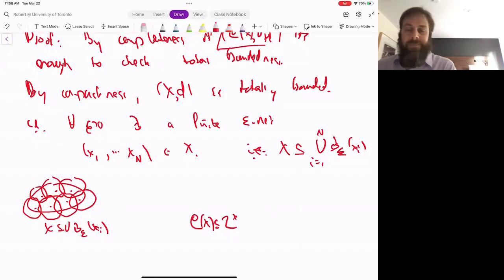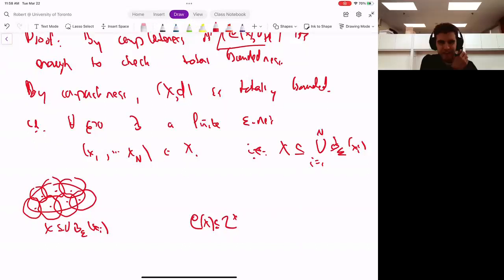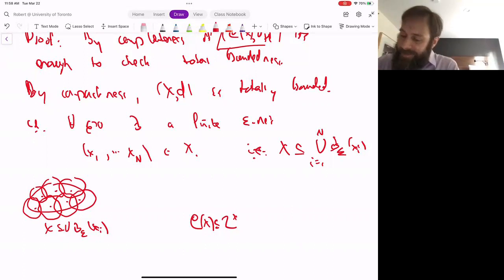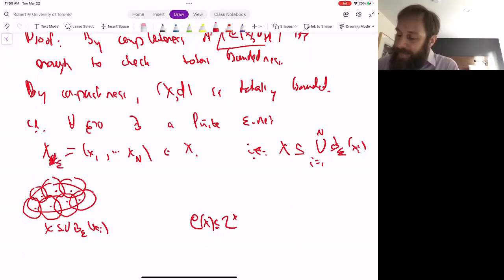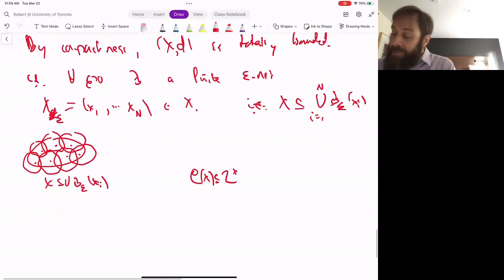Any suggestions? I might be totally off base here, but could you take like the subsets of the collection of x1 through xn? Exactly. Yeah. So you call this your x epsilon maybe, because n here depends on epsilon. And that's exactly right. So you look at 2 to the x epsilon.